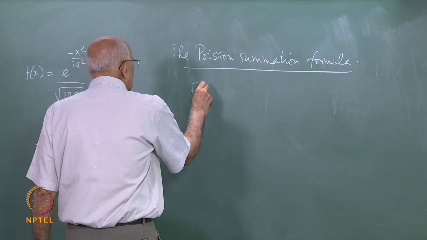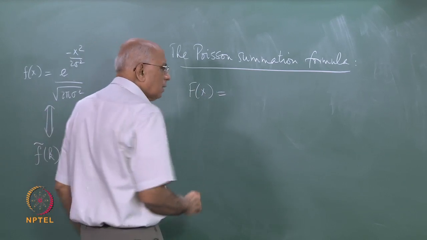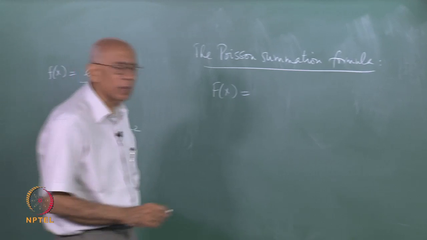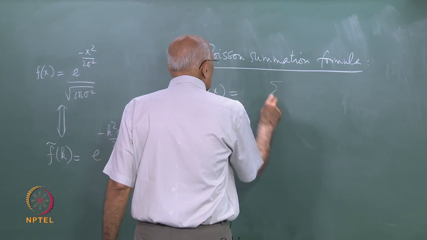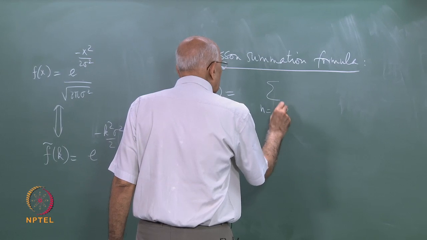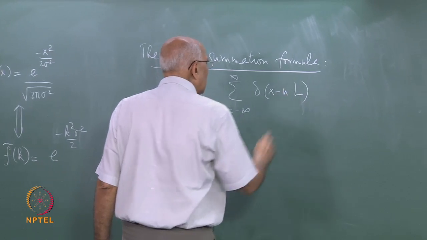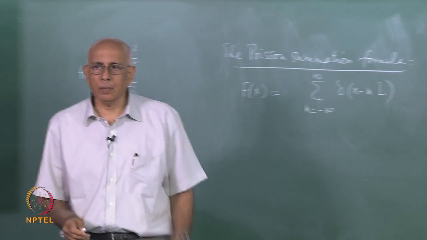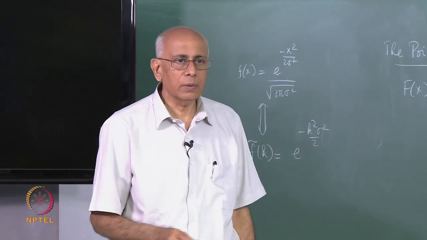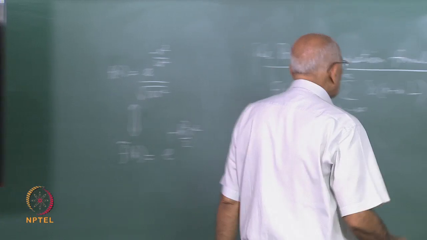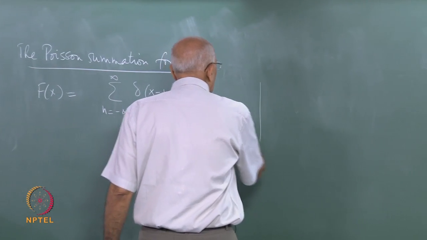Okay. So we start with the following. Let us start with the function of x, which is just a sum of delta functions, okay, periodic array of delta functions. So the summation n equal to minus infinity to infinity delta of x minus n times L, where L is some length scale, some positive constant. Okay. Now what does this function look like? It is just an array of delta functions.